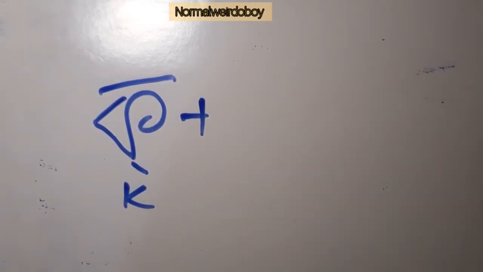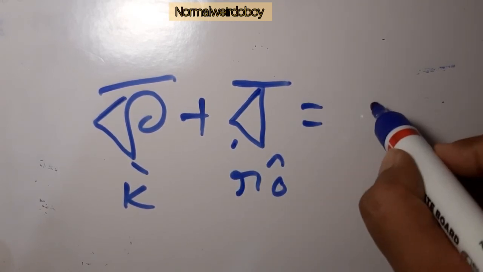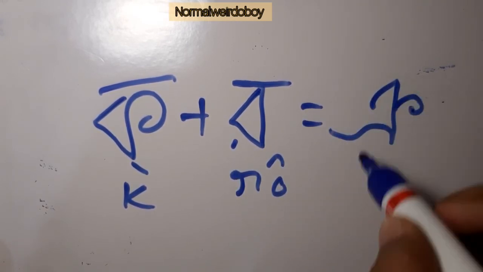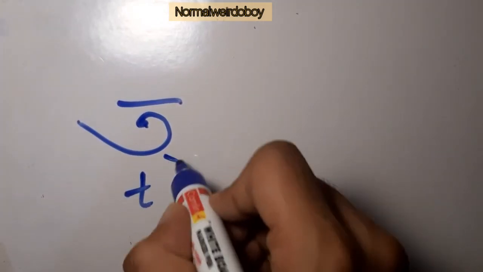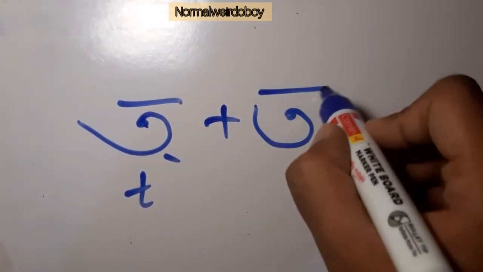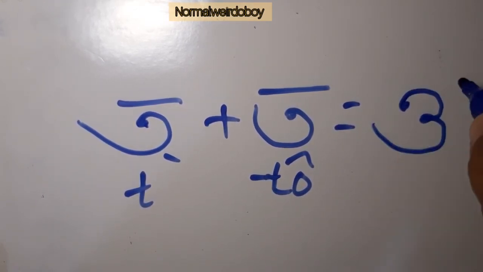Kha plus ra becomes kra. Ta plus ta becomes ta.